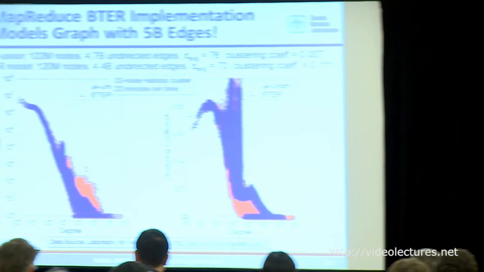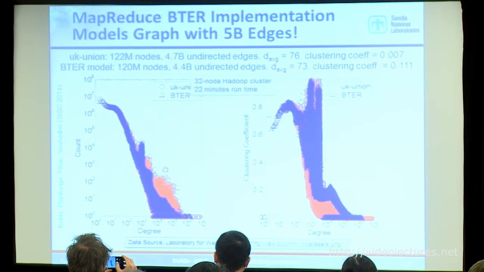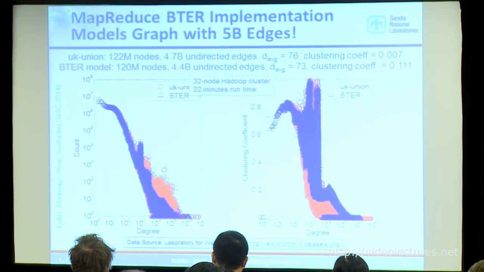So if we look at doing things in large scale, we can look at a graph. So this is a few years ago, back when 5 billion nodes was a lot. This was the largest graph we could find. It's called UK Union. And it's available at this laboratory for web algorithms in Italy.